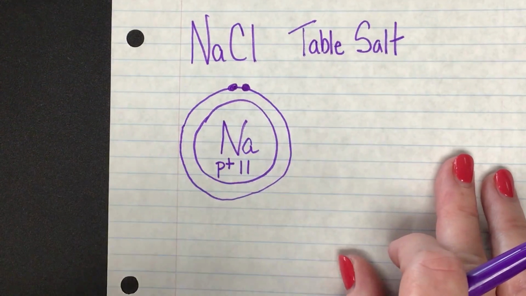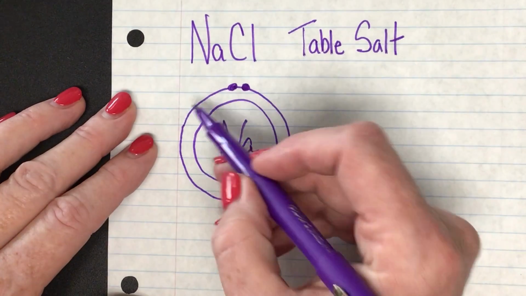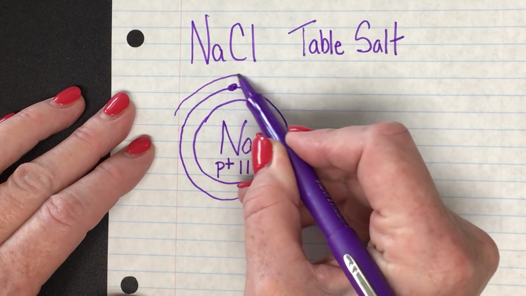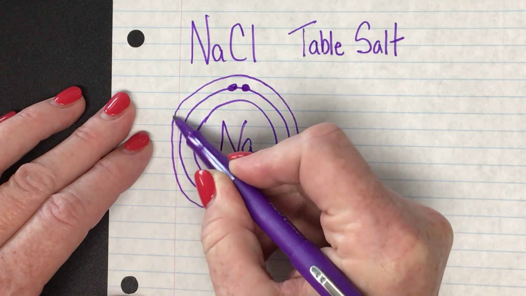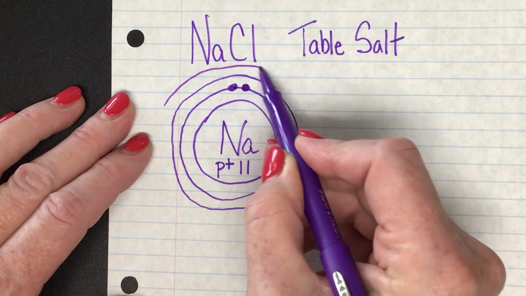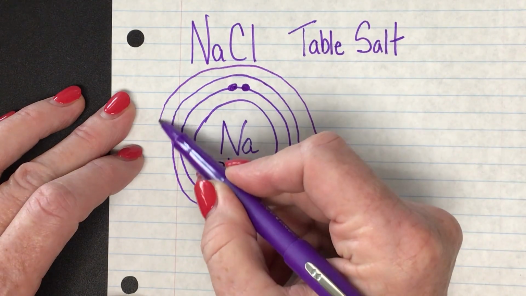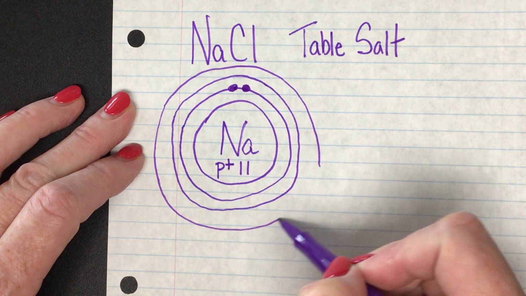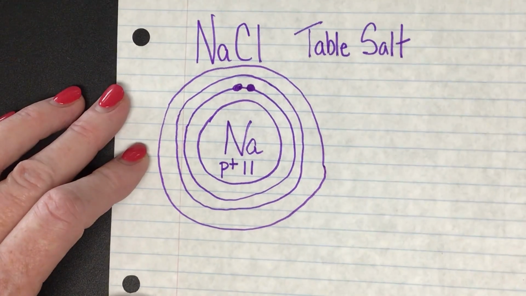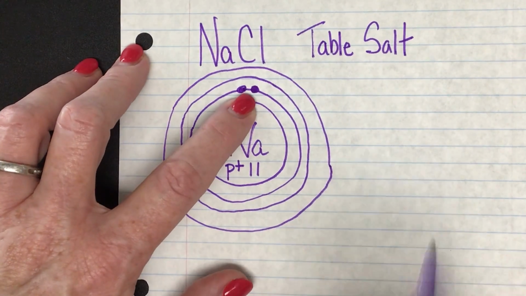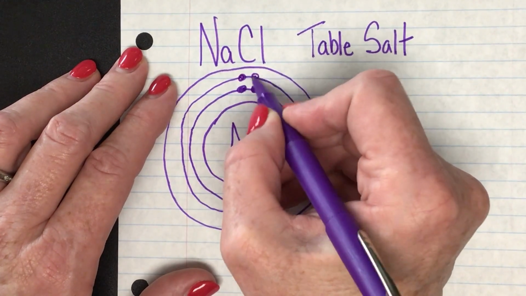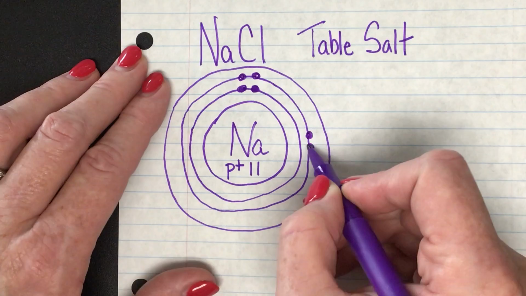So then when I go to make a Bohr model, I'll know how big or little to make my circles. I know that y'all just said it's on period 3, so I'm going to go ahead and do 3 energy levels. And I don't make my circles too big. Okay, so we have 2 electrons here. We need 8 on the next energy level.